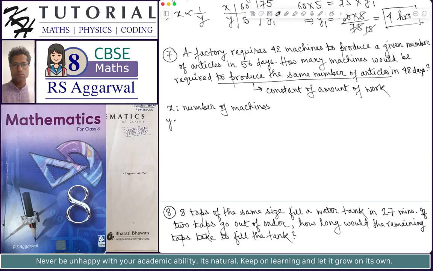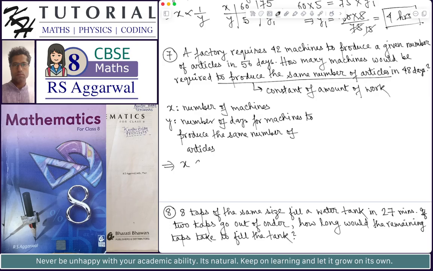and y to be the number of days for machines to produce the same number of articles, then you can realize that these two data quantities will be inversely proportional to each other.